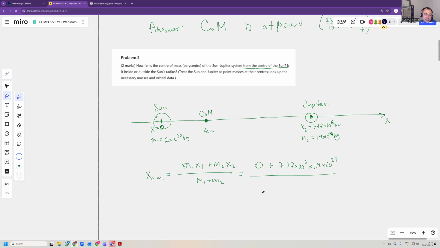Well, m1 plus m2 is pretty much 2 times 10 to the 30, right? Because 2 times 10 to the 30 plus 1.9 times 10 to the 27 is 2.002 times 10 to the 30, if I'm not mistaken. Yeah, okay, I'm not mistaken.